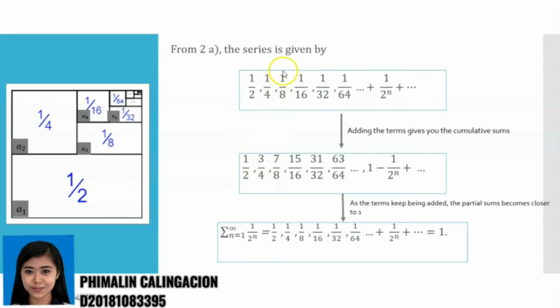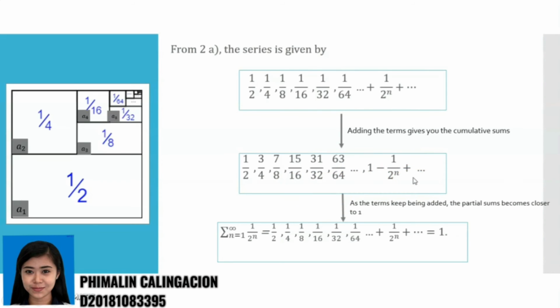If we add 1 over 8, we get 7 over 8. 7 over 8 plus 1 over 16 equals 15 over 16. 15 over 16 plus 1 over 32 equals 31 over 32. And it happens continuously until the end of the series.